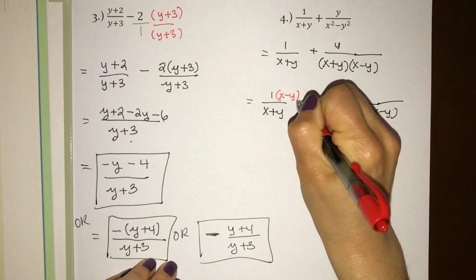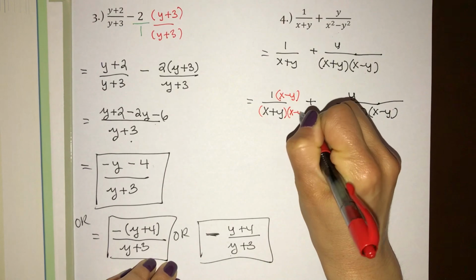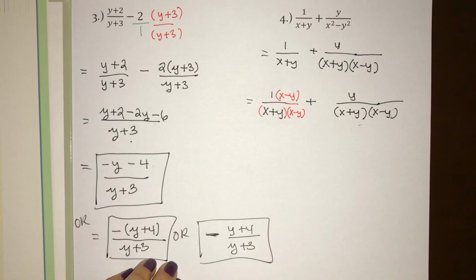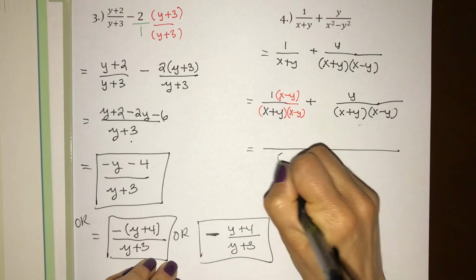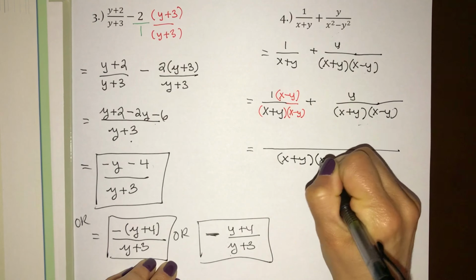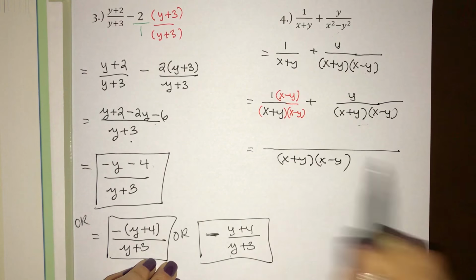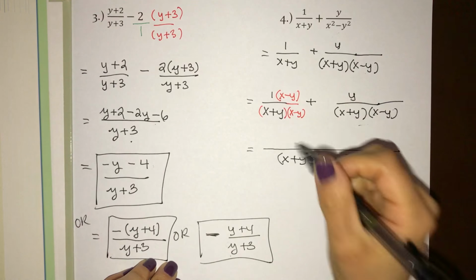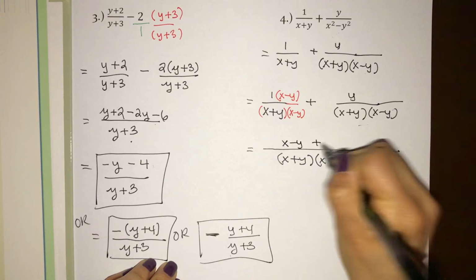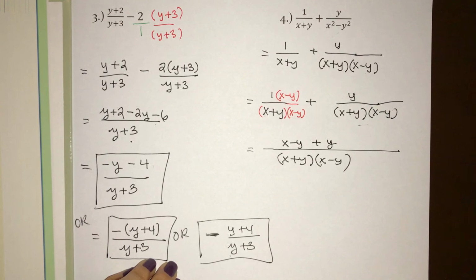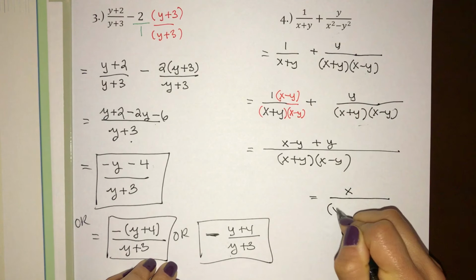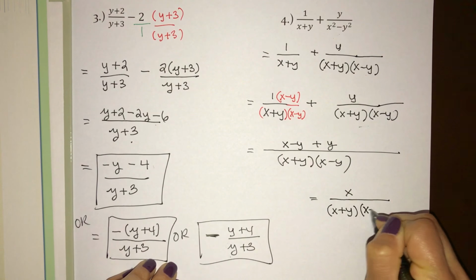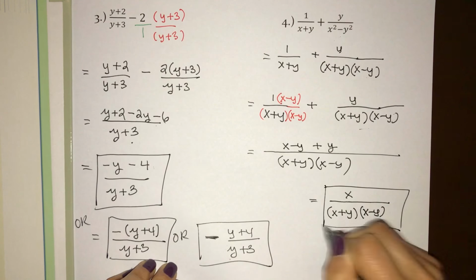So I multiply by x minus y. And then we can write down what we get. We get one fraction with the denominator x plus y, x minus y, and in the numerator, 1 times x minus y is just x minus y plus y. And we just need to simplify here. And when you simplify, we're left with just x in the numerator, and the denominator stays the same. And this is our final answer.